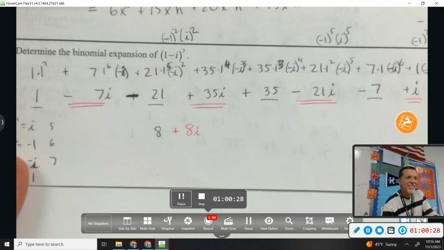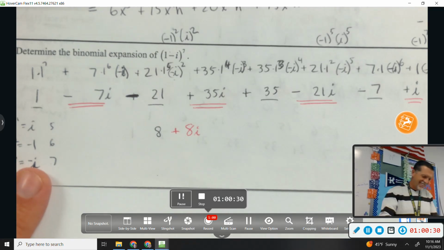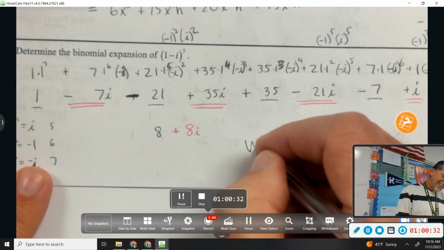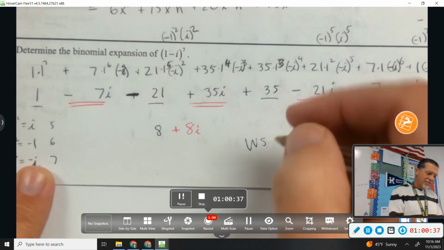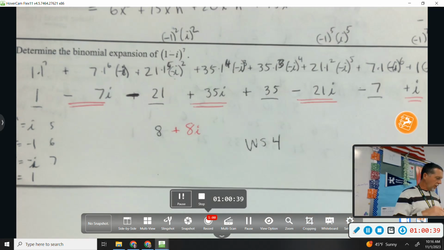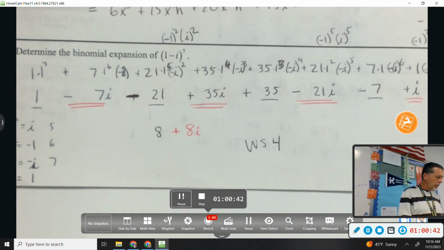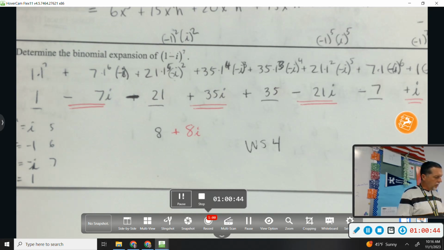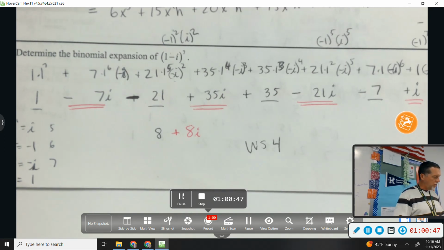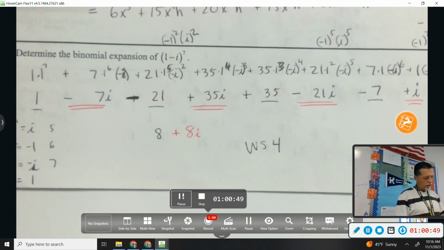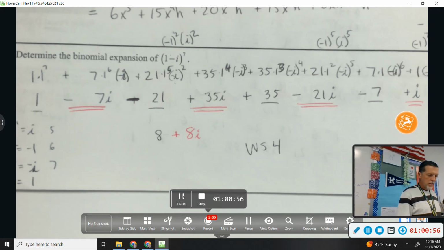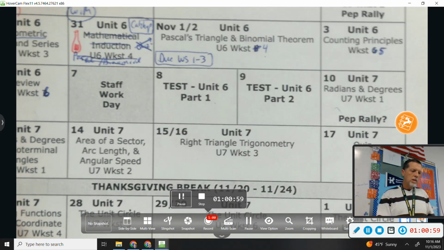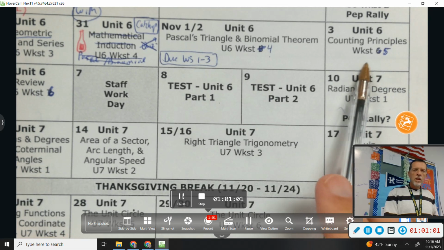When's our test? What worksheet are we on? Number 4? Yeah. Worksheet 4 is today's assignment. Test is next week over 2 days. I think it's like Monday, Tuesday, Wednesday and Thursday off on Wednesday.